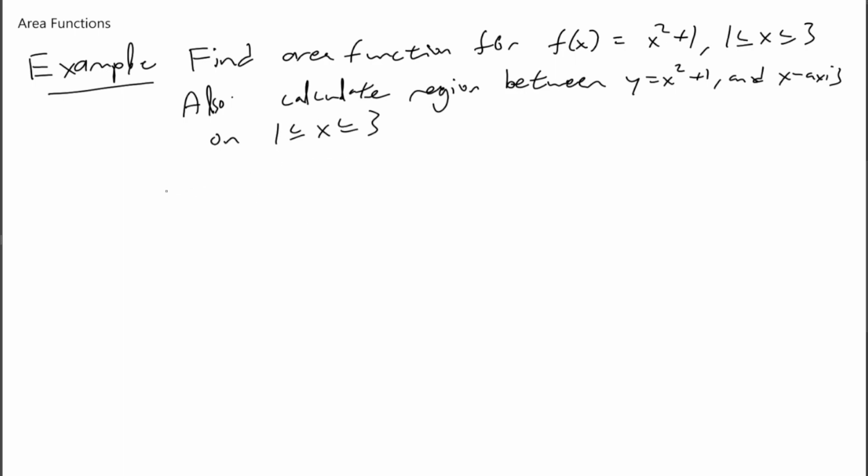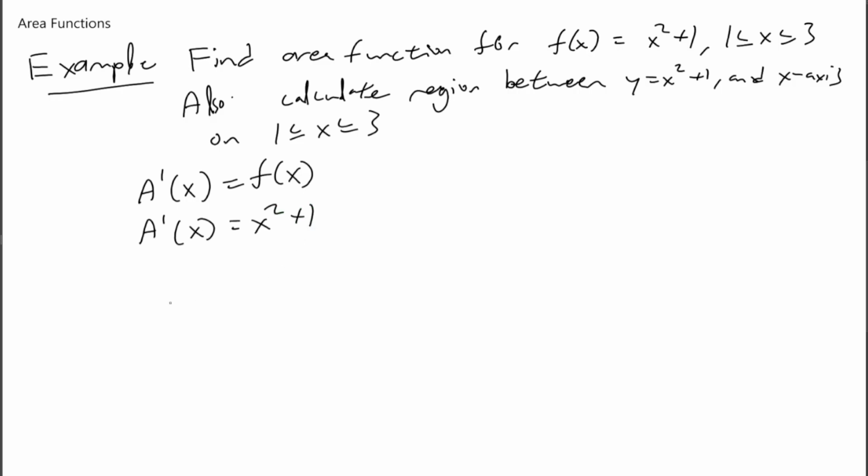All right, so remember that the derivative of the area function is equal to the function itself from what we just discussed. And so that means the derivative of the area function is equal to x squared plus 1.